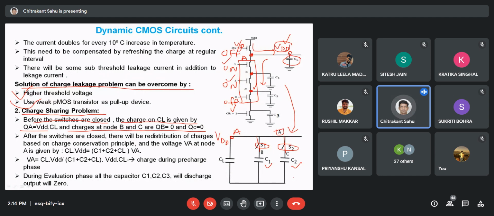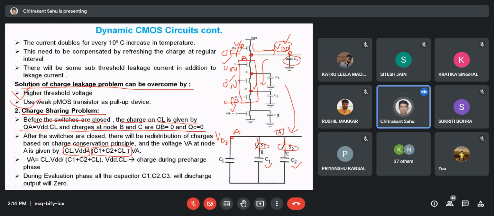This is a very simple problem. The overall charge that we have, Q equals CV, CL into VDD, is the charge before activation of S1 and S2. Once S1 and S2 are activated, this charge is replaced by this expression, because the capacitance has changed.